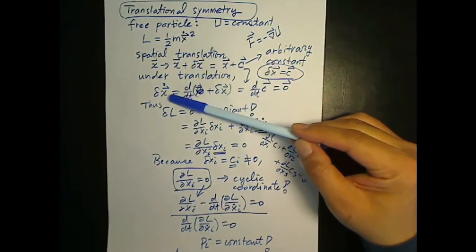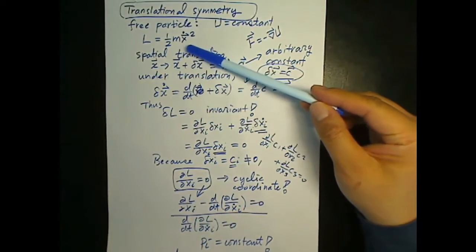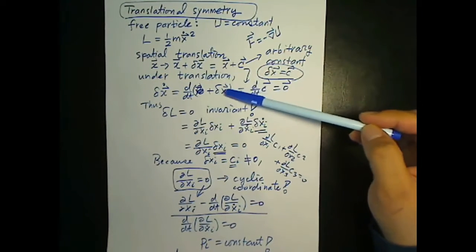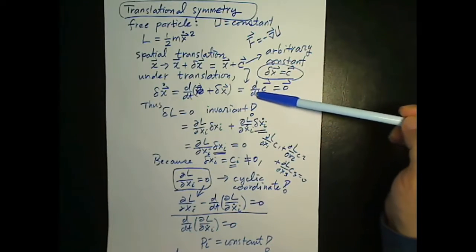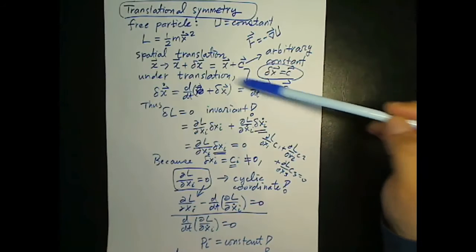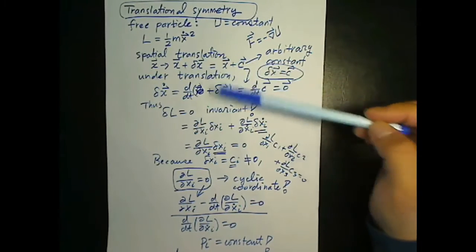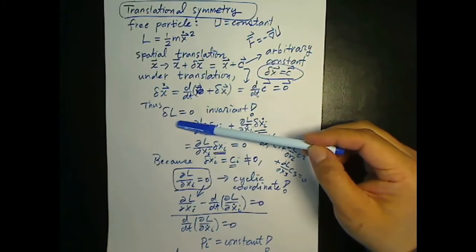And the velocity effect might give a contribution because there is a kinetic energy piece. However, this constant translation does not contribute to the velocity variation at all. So the velocity variation is zero. That means the Lagrangian is invariant under this spatial translation, so delta L equals zero.